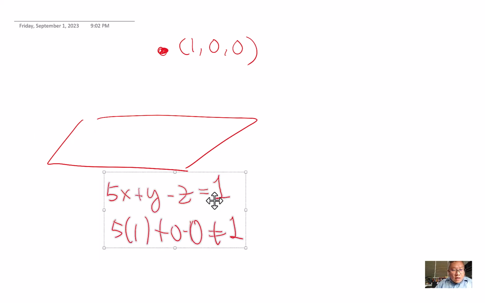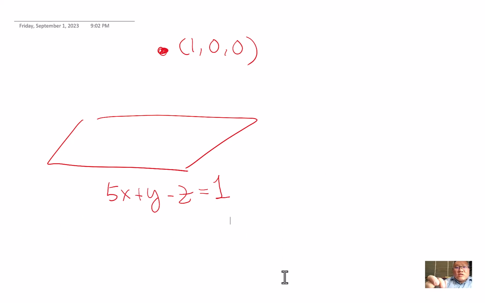Let me get this back. I want this equation, I don't want to delete everything. Now tell me also another point that is easy to see, that is on the plane. There are infinitely many points on the plane. So maybe I can say, let's say (1, 0, 4).